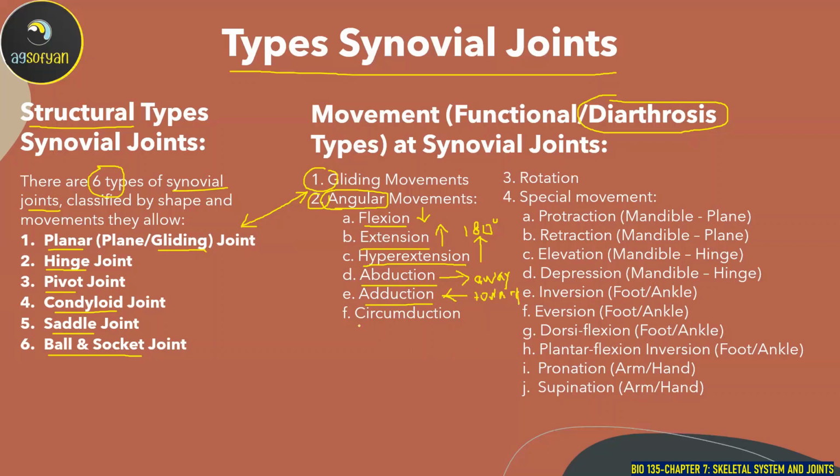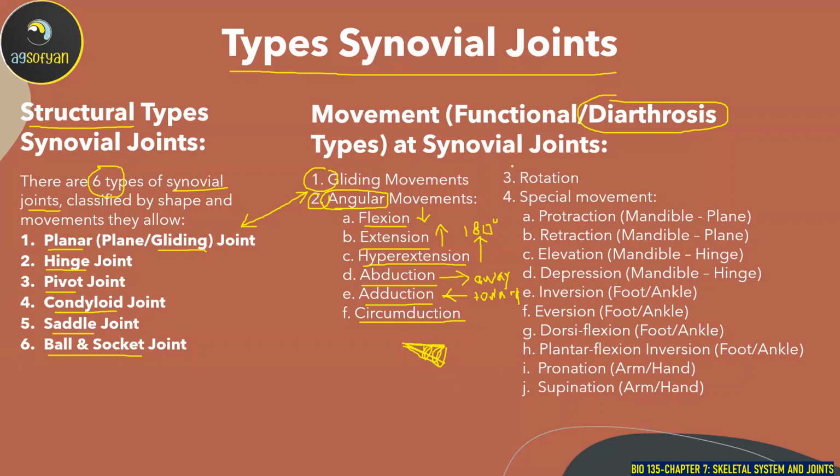Okay. And the last one for this angular movement is called the circumduction, which is type of movement that gives a cone shape. Okay, like for example, if you make a circular movement of your shoulder, it will give this cone shape movement, and this is what we call the circumduction.